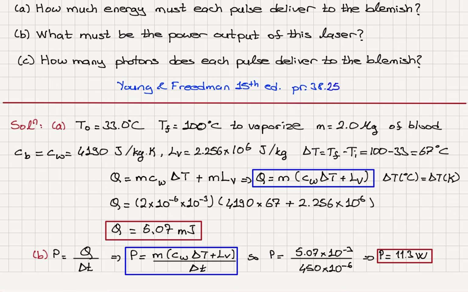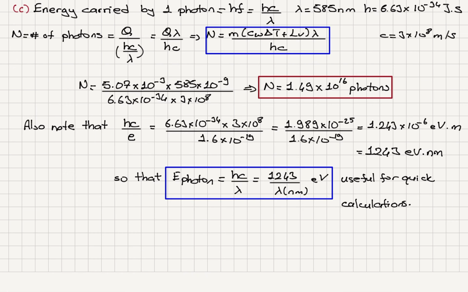If this energy is provided in one pulse, the power output of the laser is Q divided by delta t, Q divided by 450 microseconds, that gives us 11.3 watts. And how many photons does each pulse deliver to the blemish? So that's in one pulse. The amount of energy that we provide is Q divided by the energy carried per photon, hc over lambda.